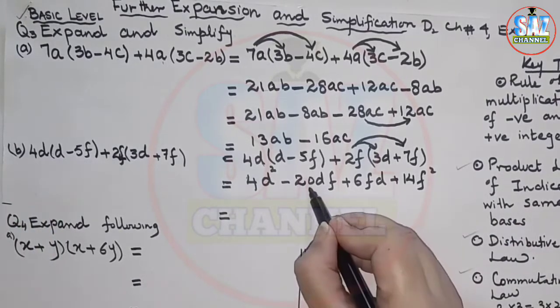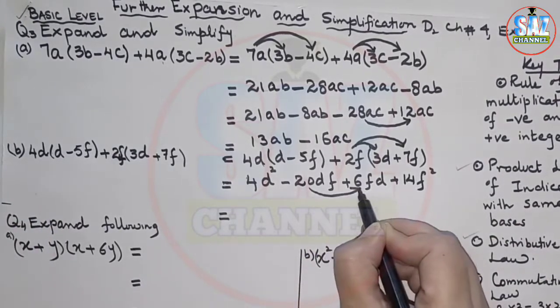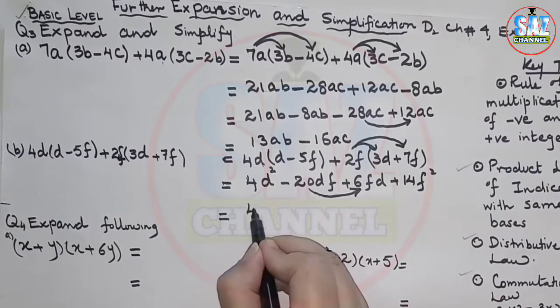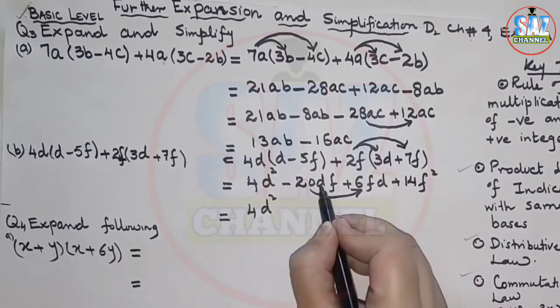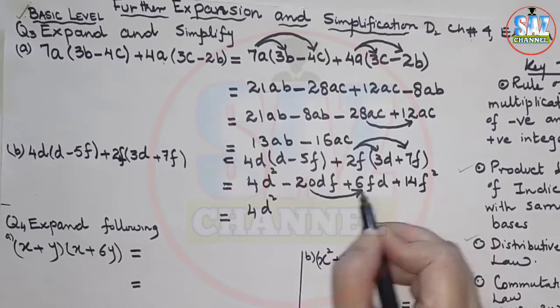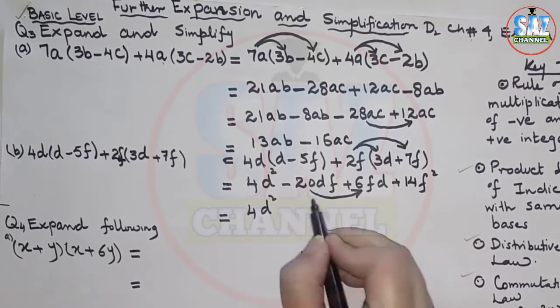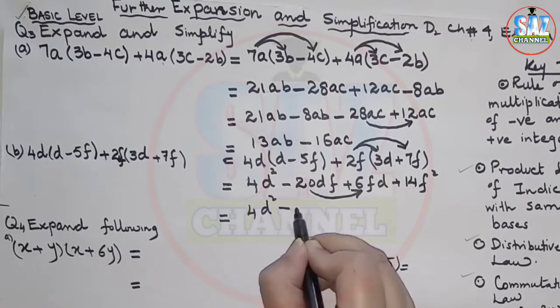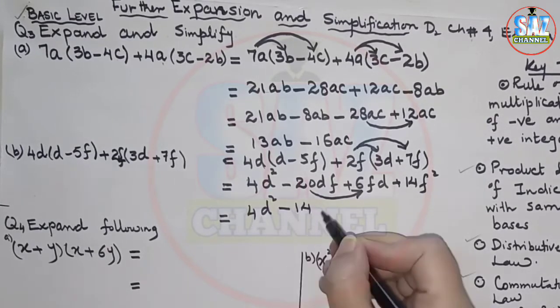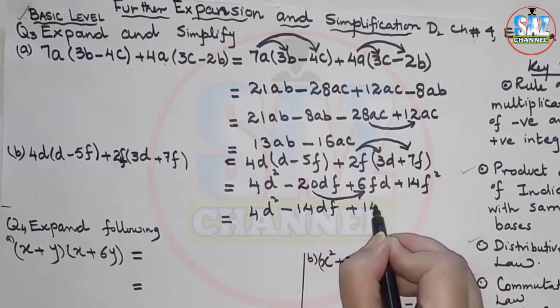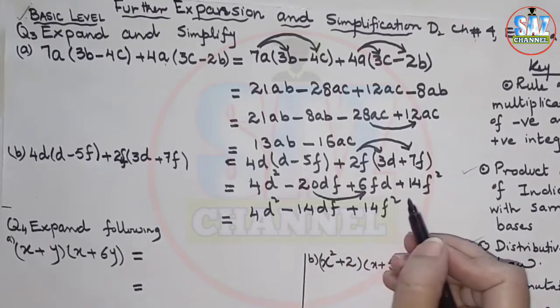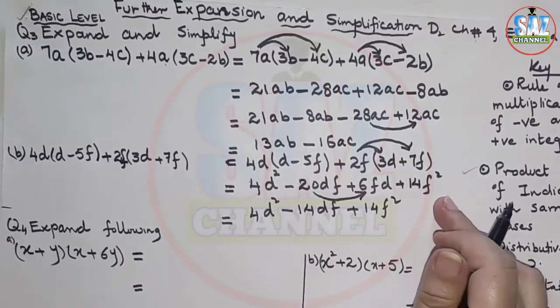Okay, these two terms are like, so we will be solving them. 4d square minus 20df plus 6fd. df and fd both are same, so we can combine them. This will become minus 14df or fd plus 14f square. I hope this question is clear to you.